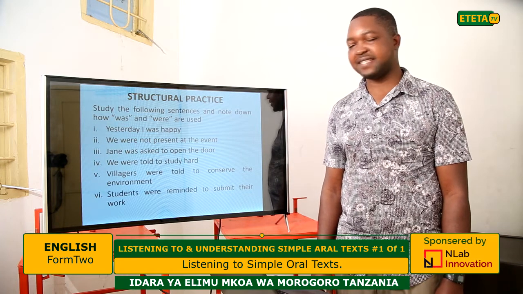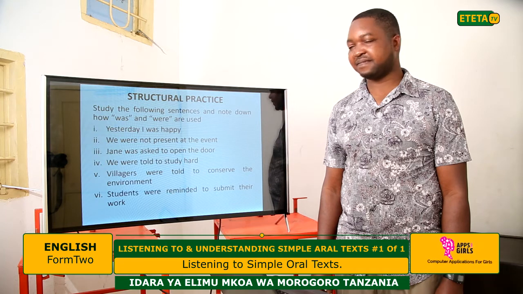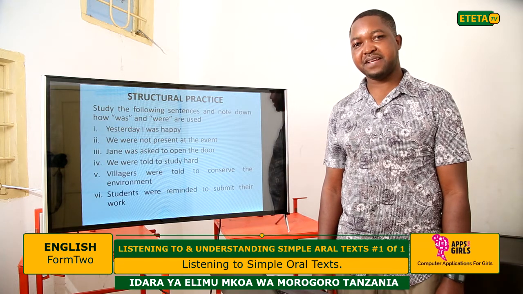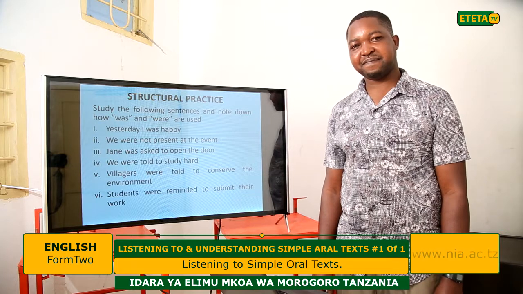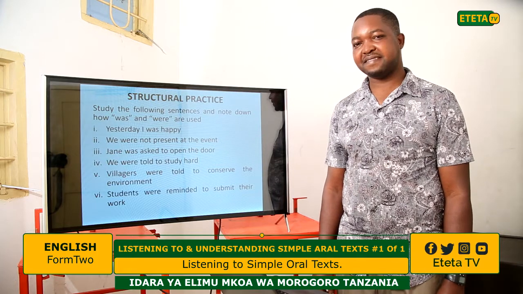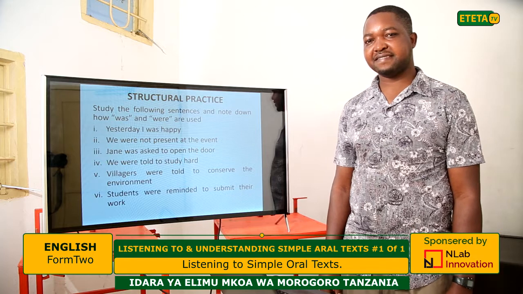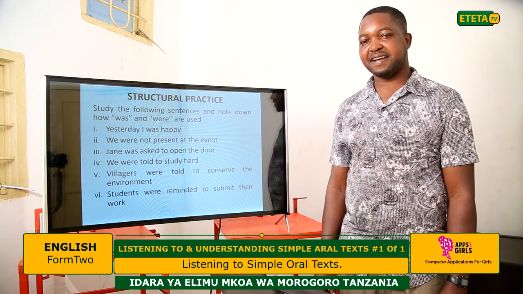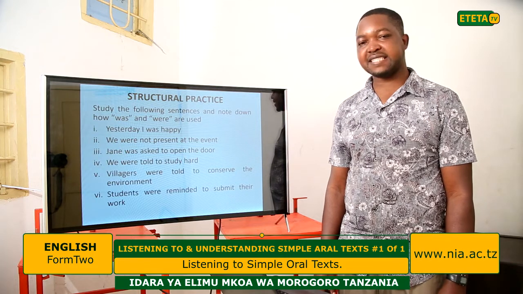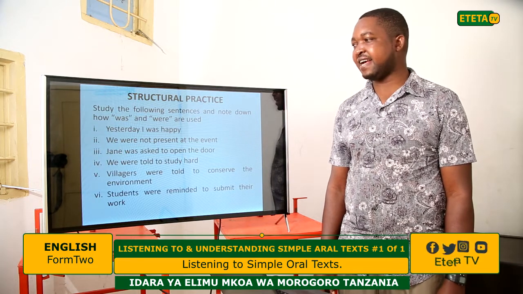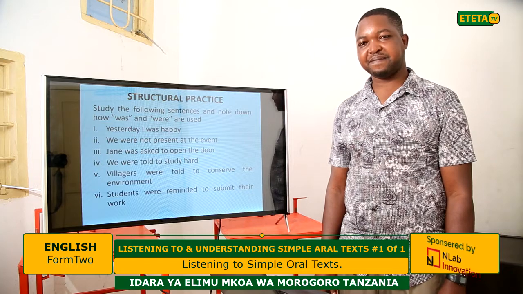Take time to think about it. Why not yesterday I were happy? My dear students and other viewers, have you recognized why the word was used in the first sentence?